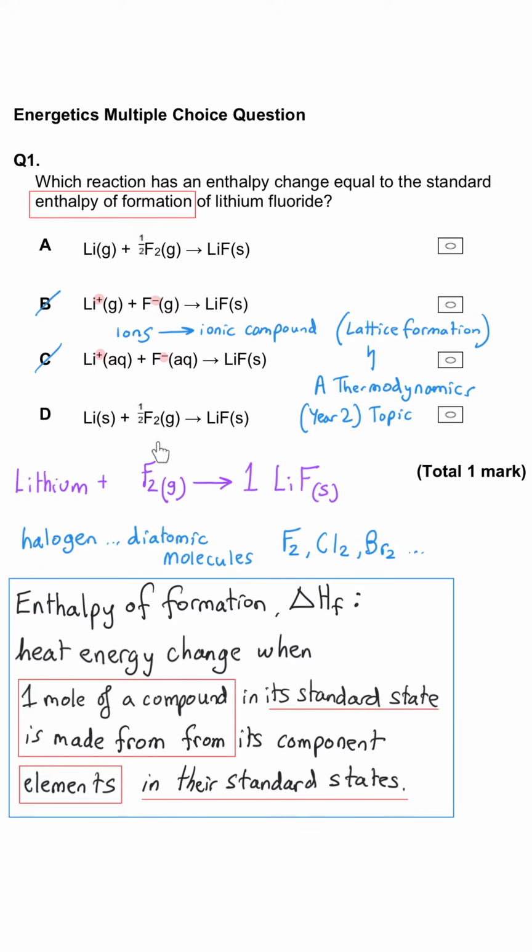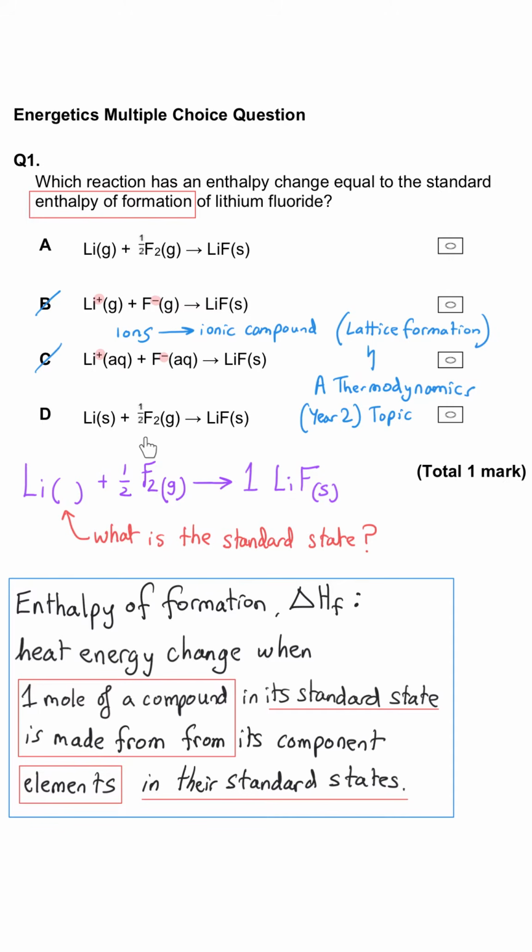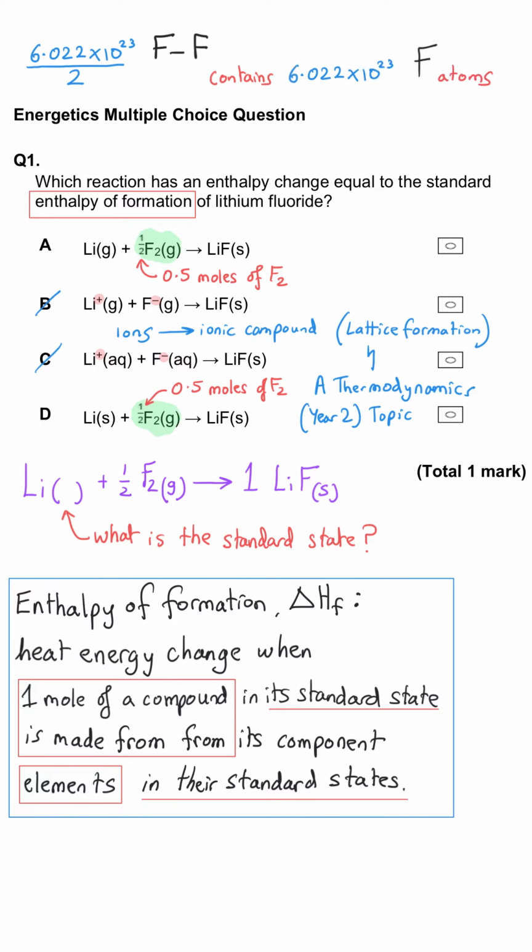And the only difference between A and D, that's not to do with the fluorine this time. We've got half an F2 in both cases. And that makes sense because in half a mole of F2 molecules, there will be a whole mole of fluorine atoms. And that's what we need for our lithium fluoride product. And so the difference has to come down to lithium.